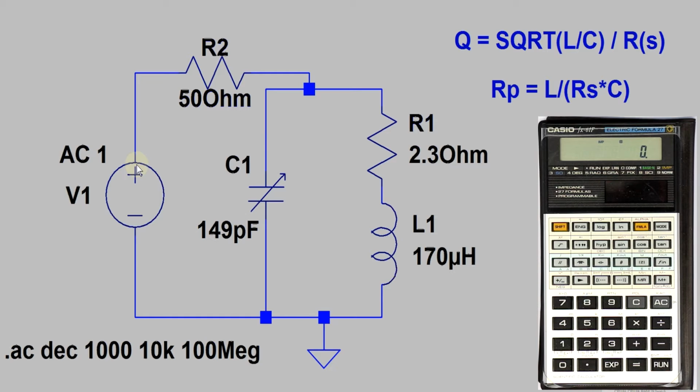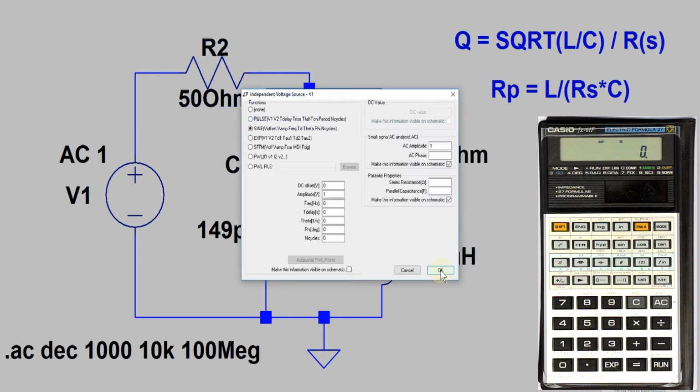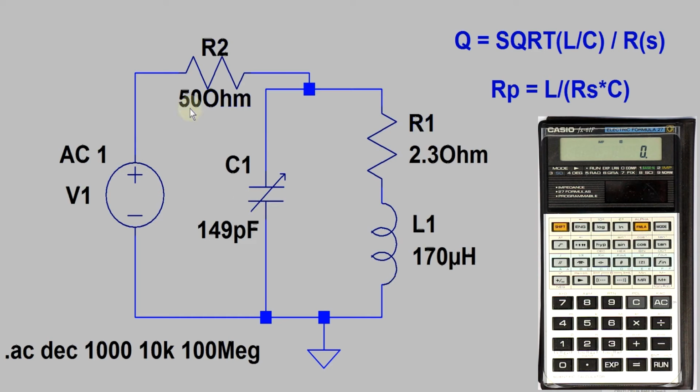That's why we here have our sine wave frequency generator set just to sine wave with 1 volts amplitude, and we connect it to the tank circuit and just measure the points or the bandwidth where the amplitude drops 3 dB from its peak value. And just to be 100% sure, you can see here we of course always have an output impedance of a real frequency generator, typically 50 ohms.